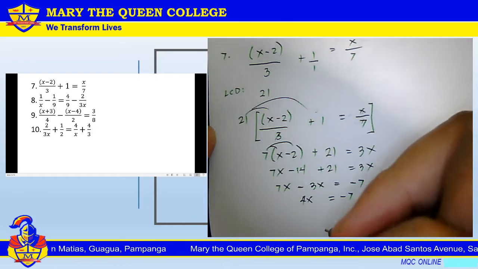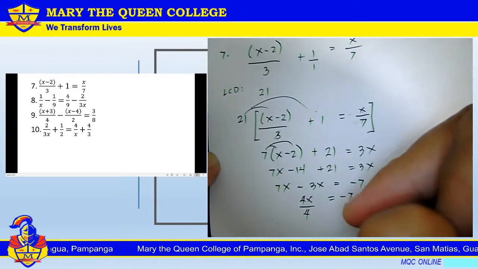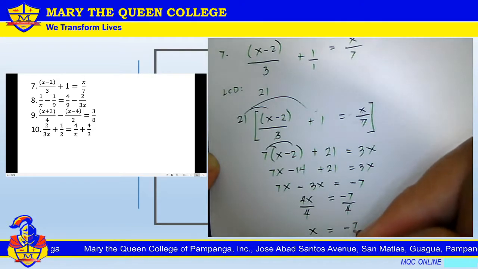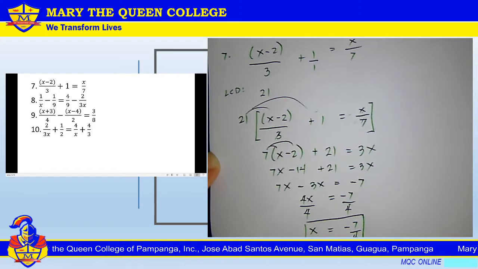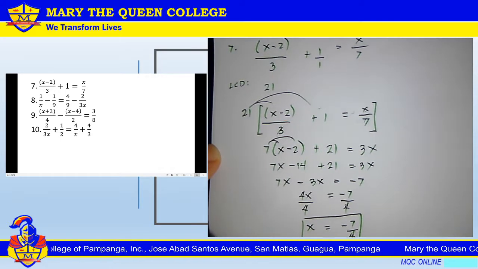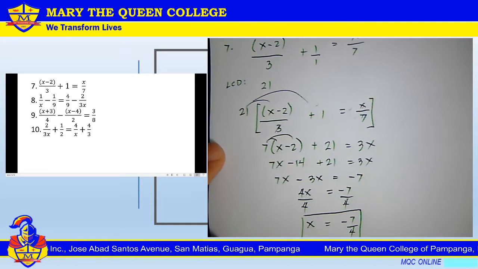And then from here we divide both sides by 4, leaving x is equal to negative 7 over 4. This would be our solution. So it's not a guarantee that all our solutions are positive or whole numbers. In this particular example, we got a negative value or a negative fraction form.